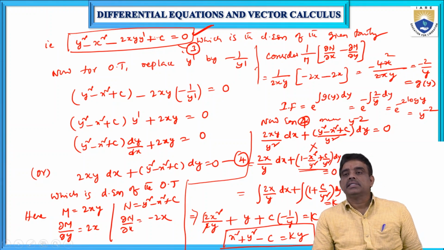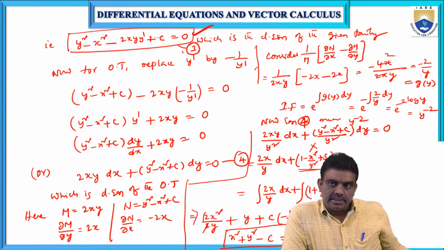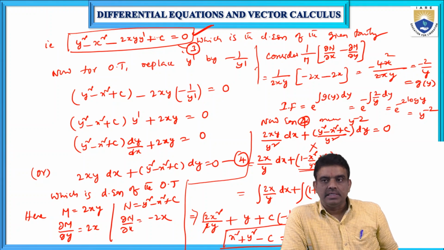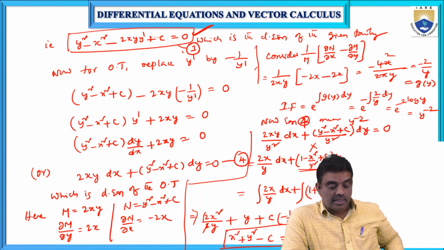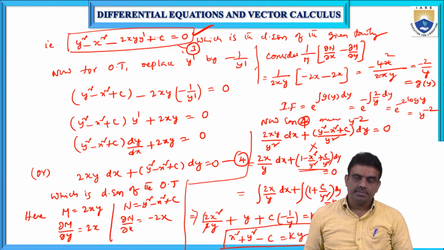Clearly, it also represents circle equations with the centers on the y-axis, x square plus y square plus 2gy plus c is equal to 0. So, these are the orthogonal trajectories of the given family of curves.